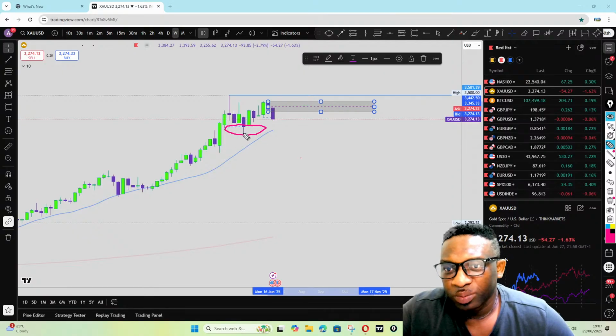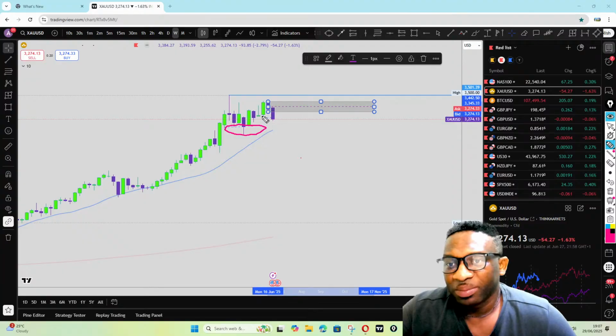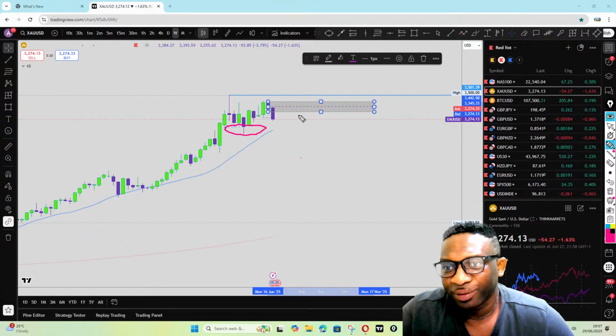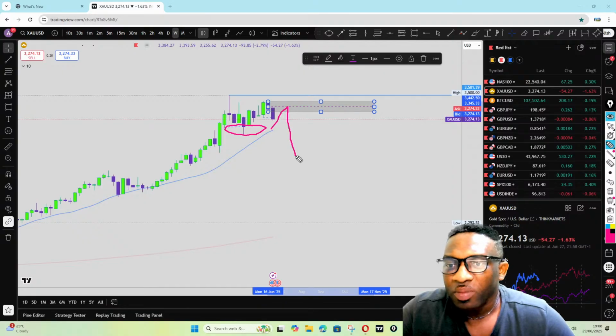So those who enter the buy from here, these are areas where you can find your stop losses resting, and also some market orders resting here. So there's a high probability that price could come all the way to sweep all these areas before turning round to either test this area and then sell off.